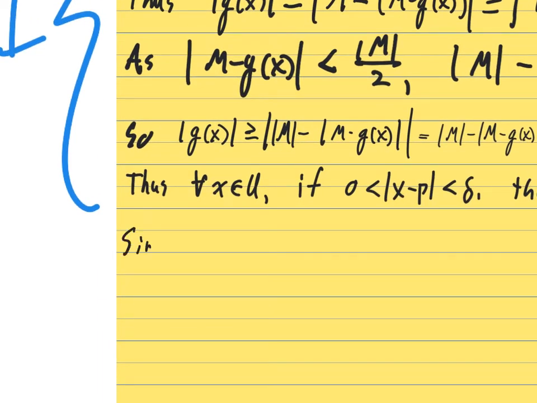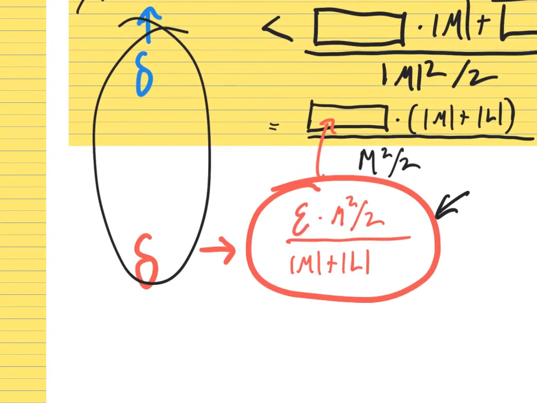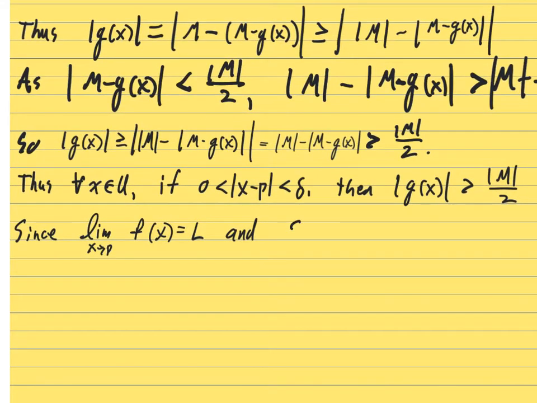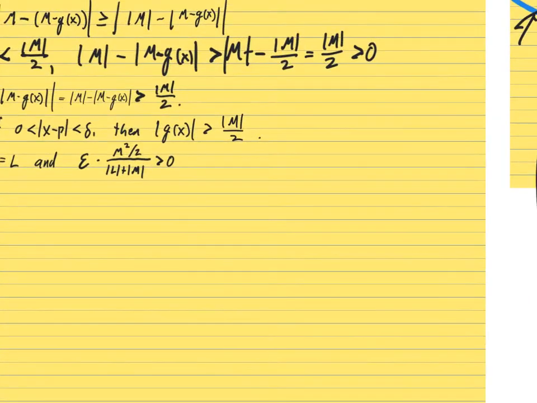So since the limit as x approaches p of f of x is equal to L, and remember the thing that we actually need, this quantity, epsilon times m squared over 2 divided by absolute L plus absolute m, is bigger than 0. Yeah, that's what I want.